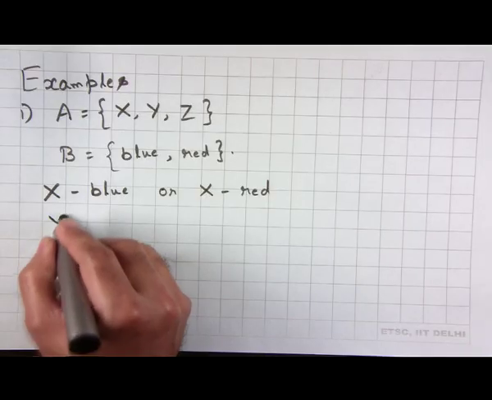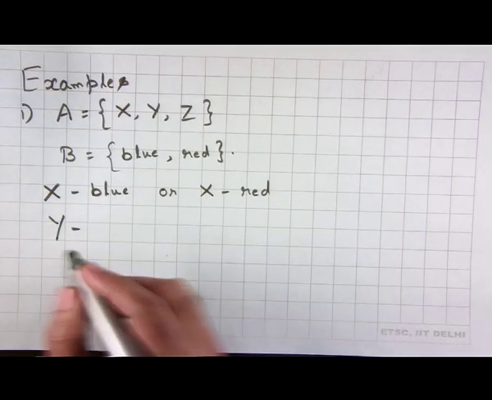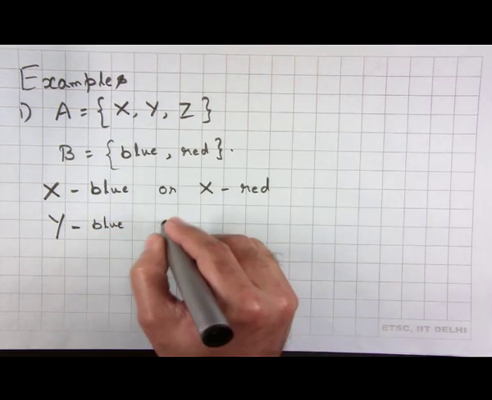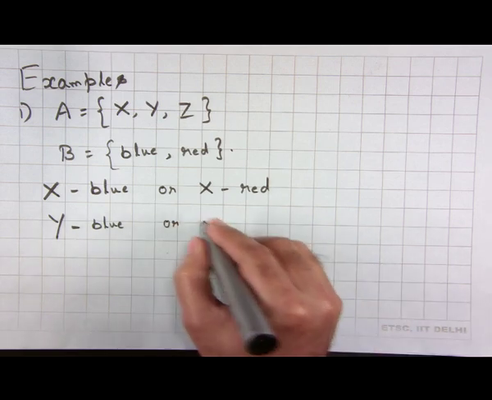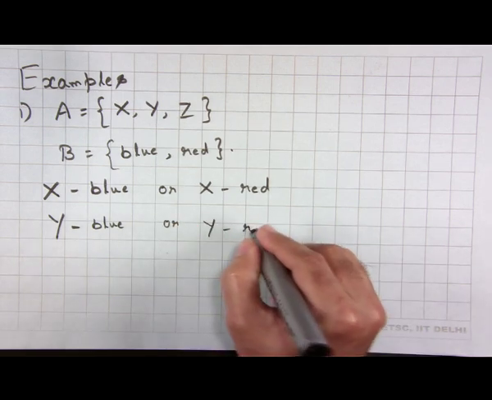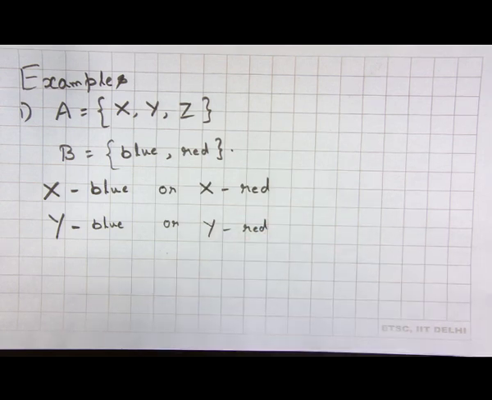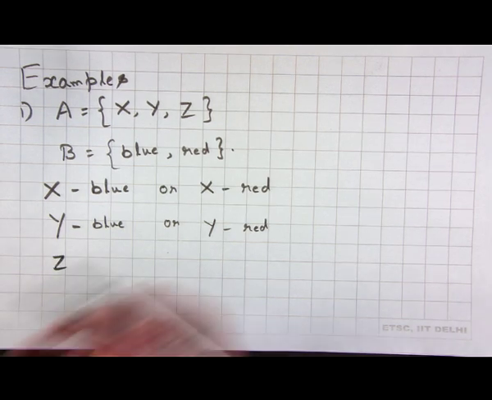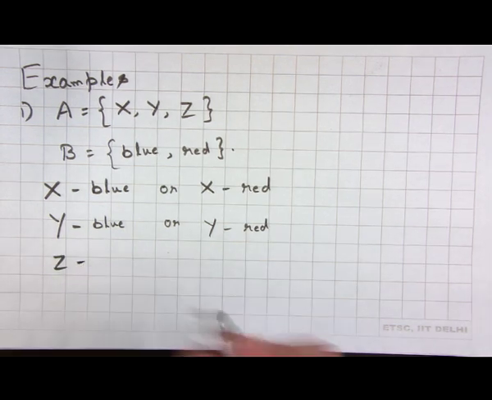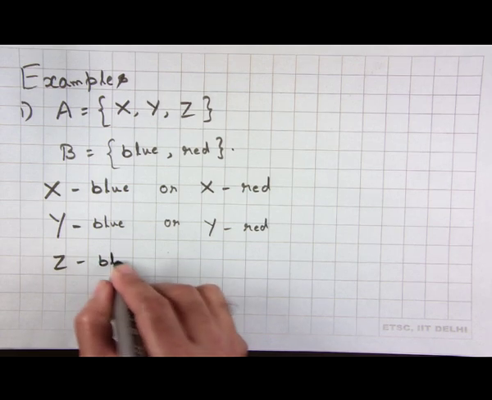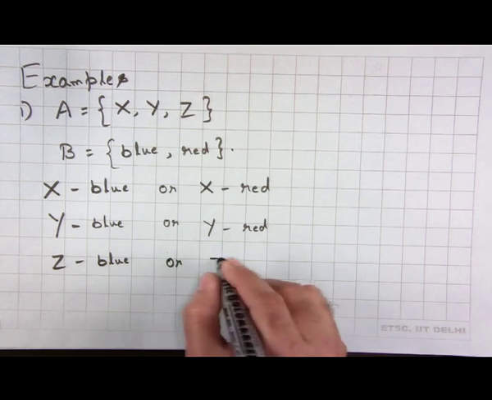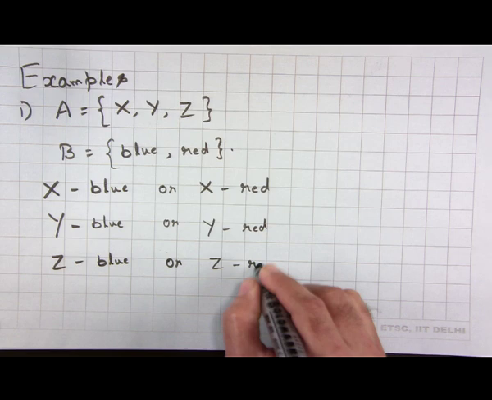Similarly, the bag y, you can fill it with a blue color ball or with a red color ball. Again, you have the bag z, wherein you can put the blue ball or a red ball.